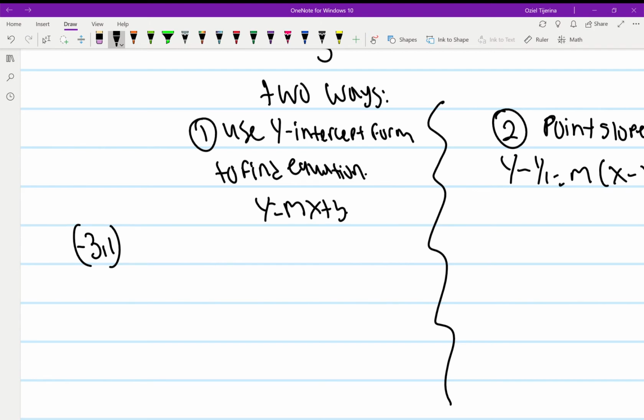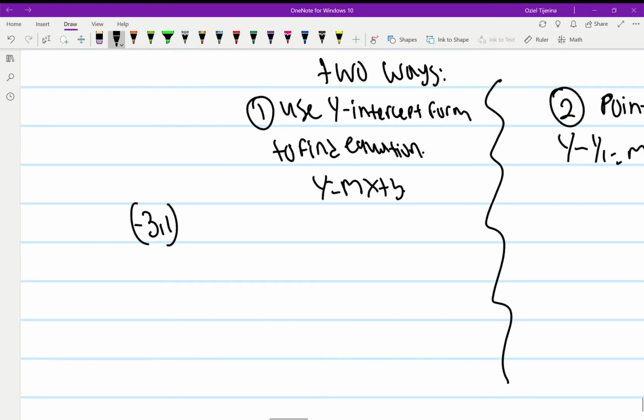We know our slope. Our slope is 6/5. So this right here, we can put as 6/5. So we know that the point is -3, 1, and our slope is 6/5. This is our m, remember.